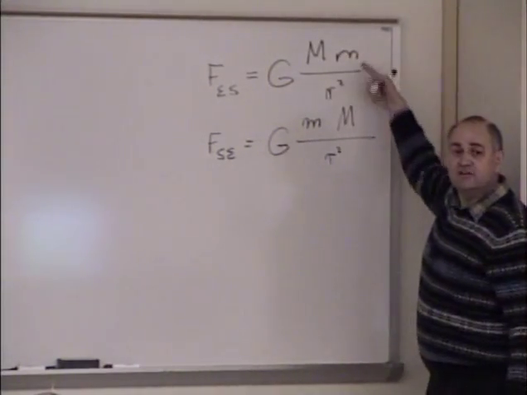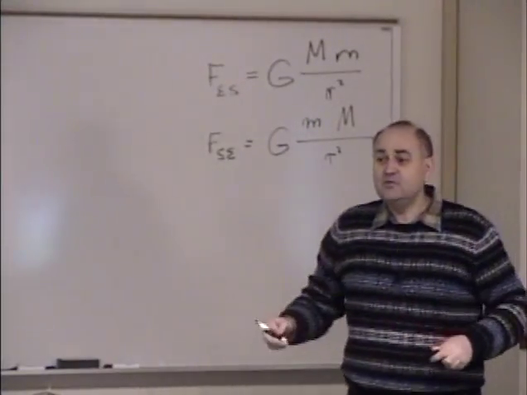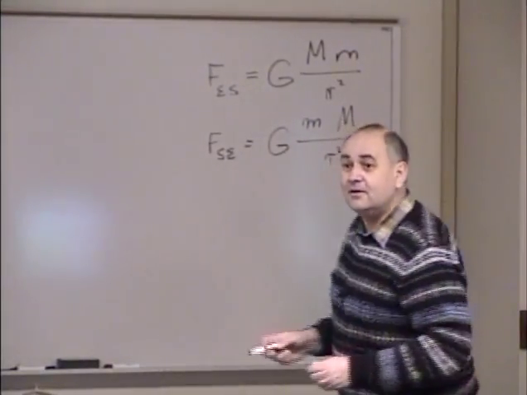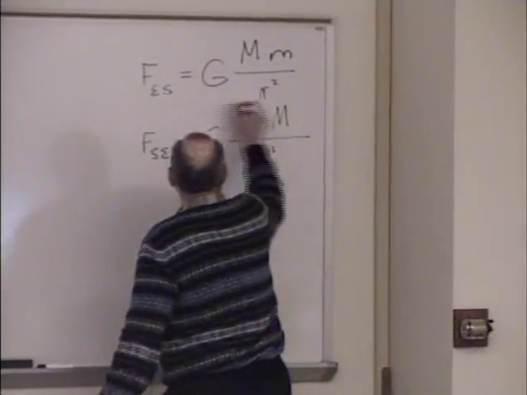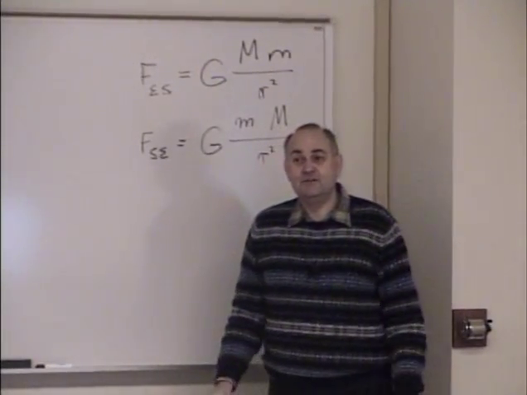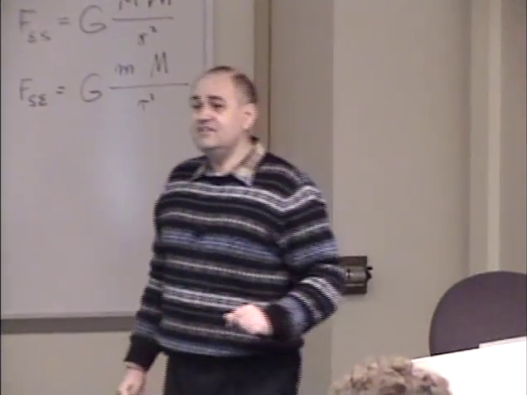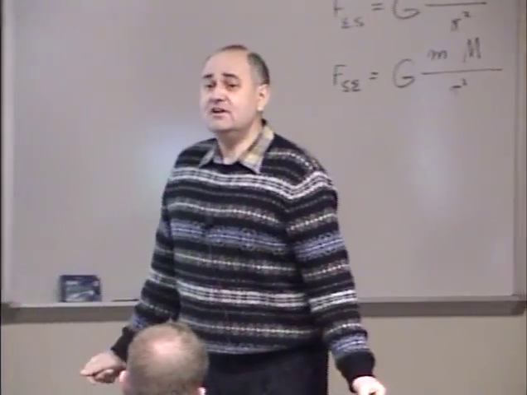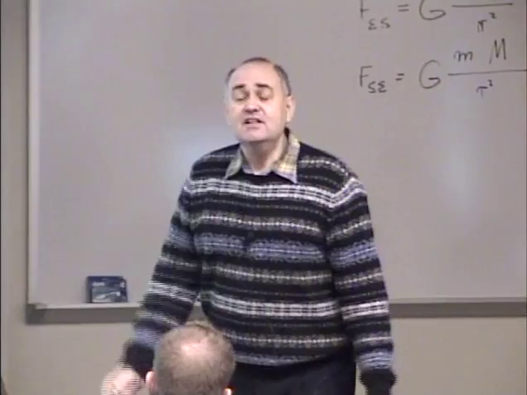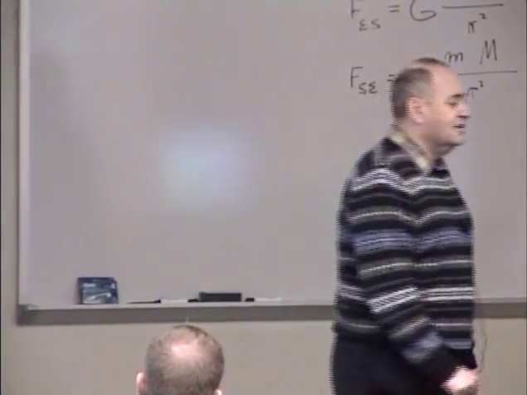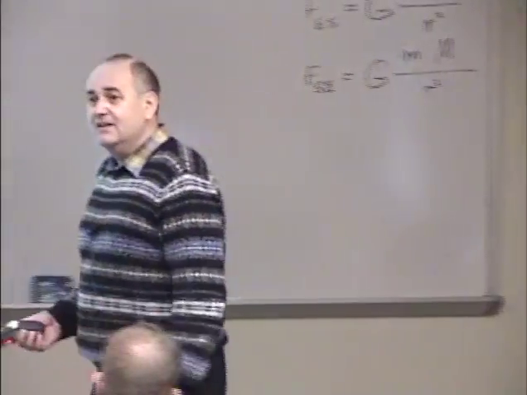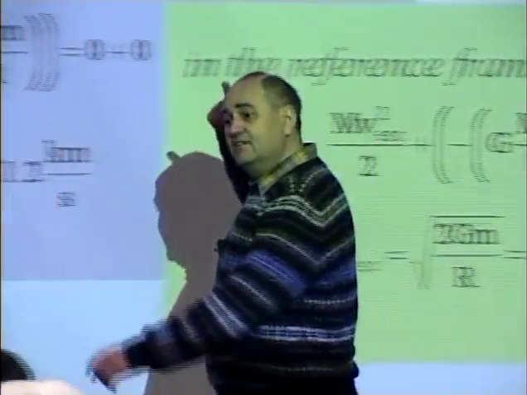Which one is greater? Well, you were just saying that this one is greater. Universal law of gravitation and Newton's third law says that they are equal. The spacecraft pulls Earth with a force of the same magnitude as the Earth pulls the spacecraft.